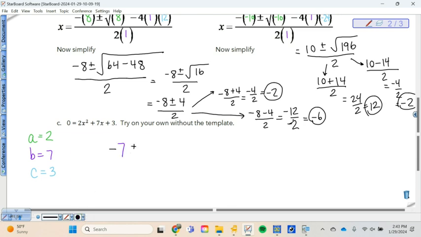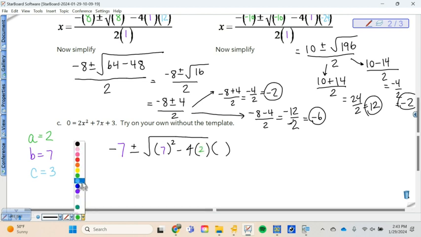Add or subtract the square root of B squared. So 7 squared minus 4AC. So 4 times 2 times 3. Divide all of that by 2A.